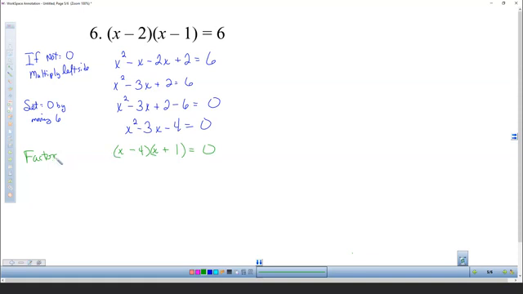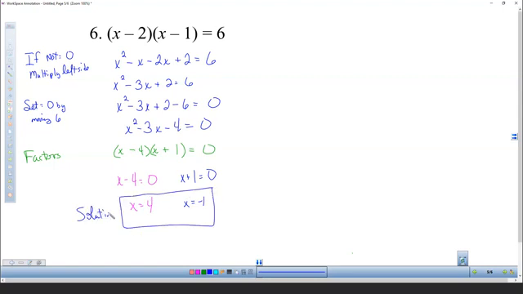So make sure that you get your factors, and then we take each factor and set it equal to 0. x minus 4 is equal to 0, and x plus 1 is equal to 0. And so this is going to give me solutions of x is equal to 4 and x is equal to negative 1. And these are my solutions.